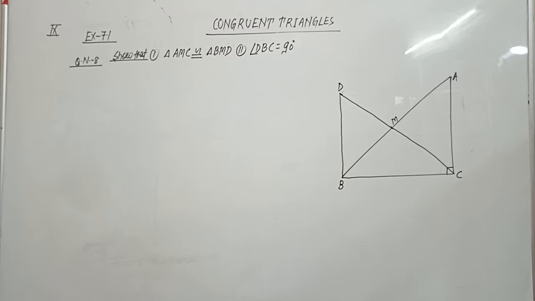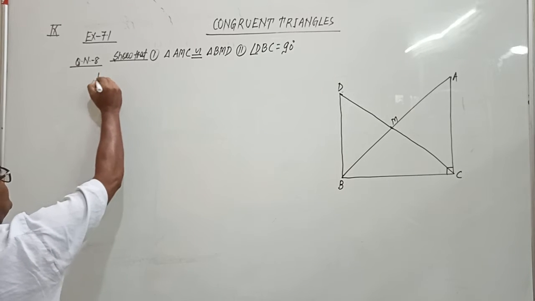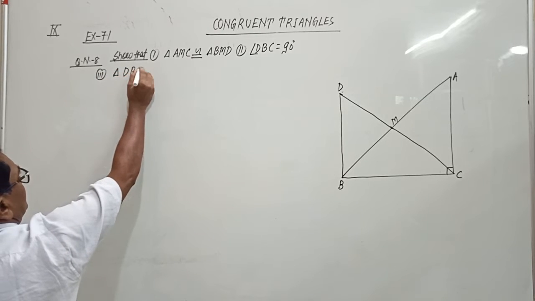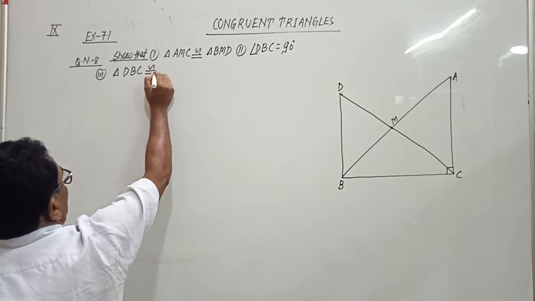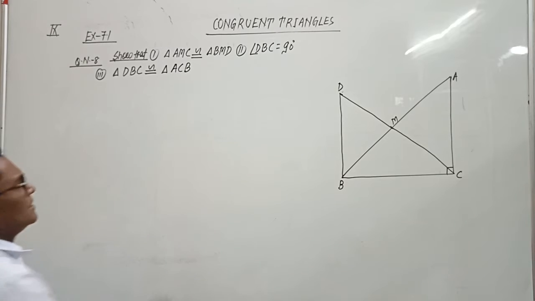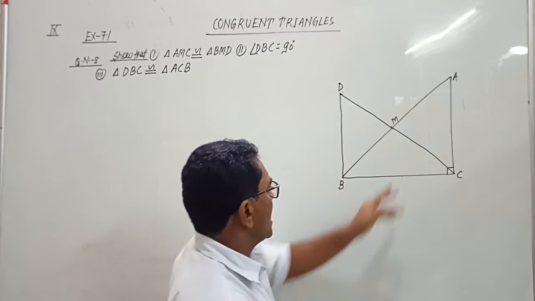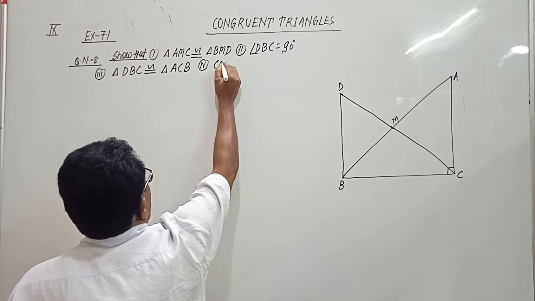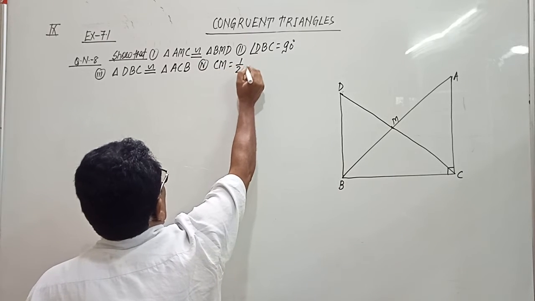And the third part, triangle DBC is congruent to triangle ACB. This is the third part. And the fourth part is CM equals half of AB.